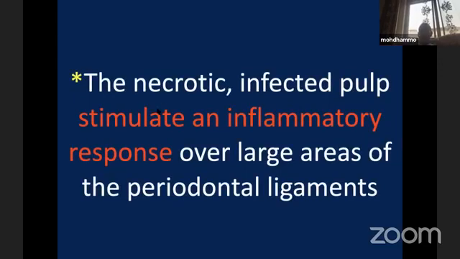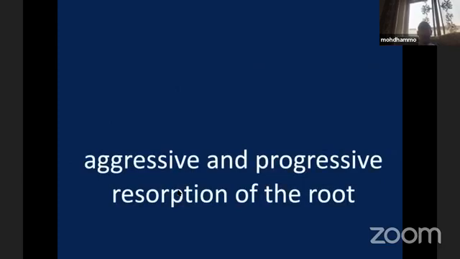Now the pulp is necrotic, and the necrotic infected pulp will stimulate an inflammatory response over a large area of the periodontal ligament. Then aggressive and progressive resorption of the root will occur.